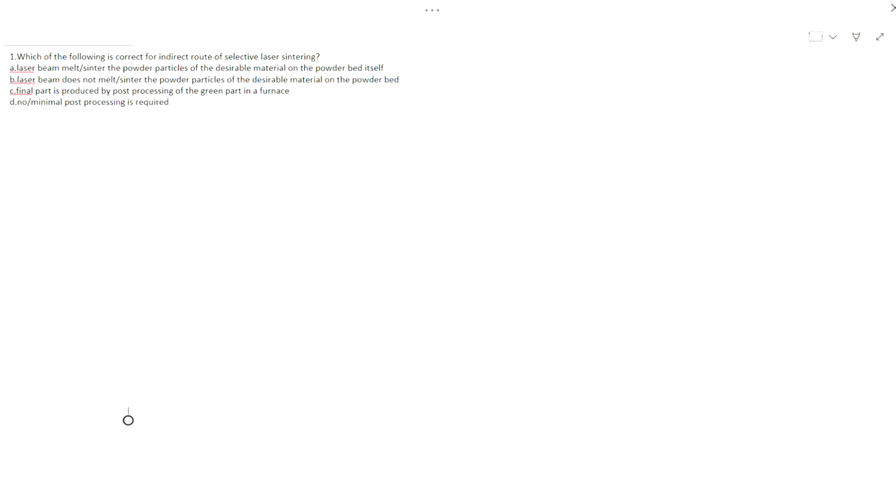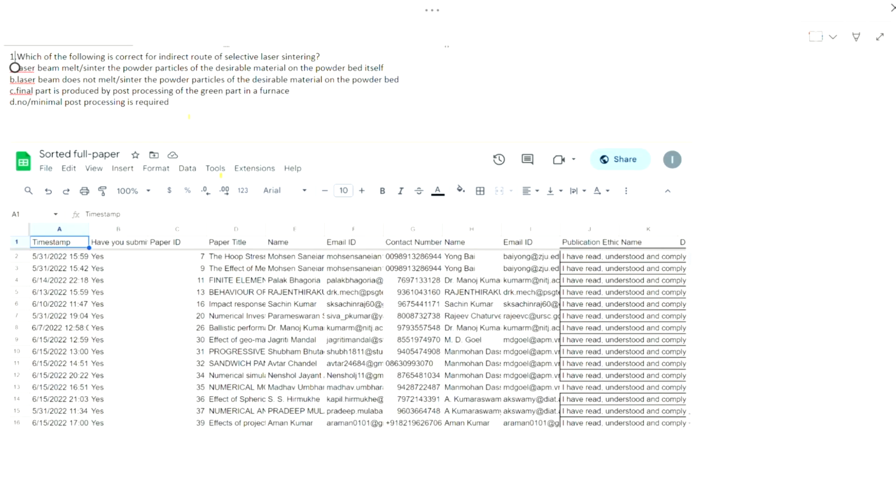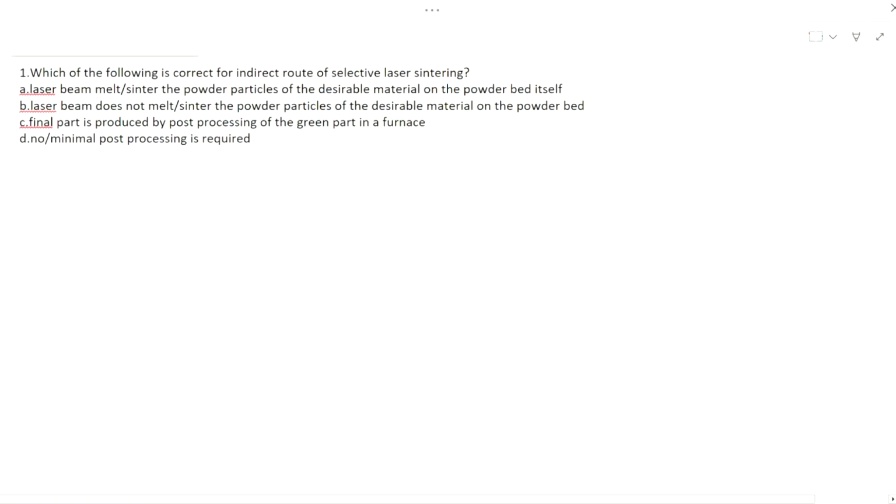So the first question is: which of the following is correct for the indirect route of selective laser sintering?